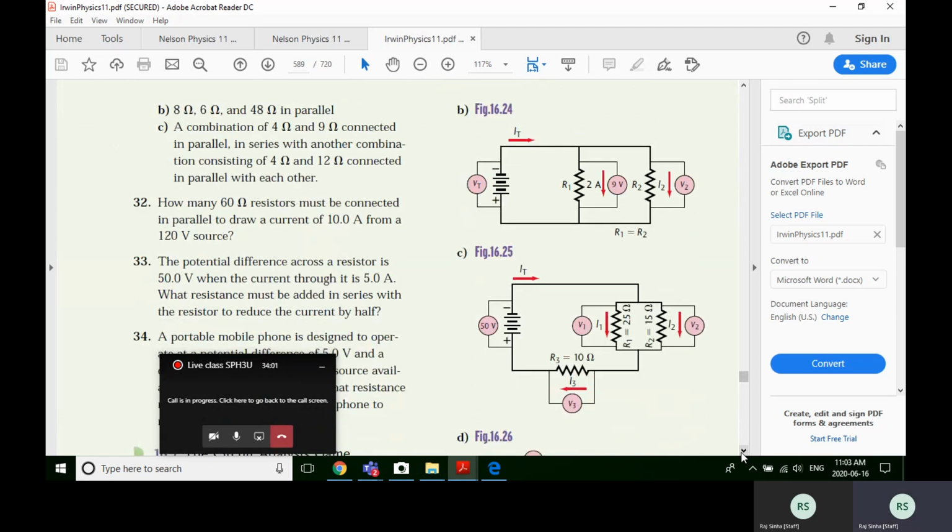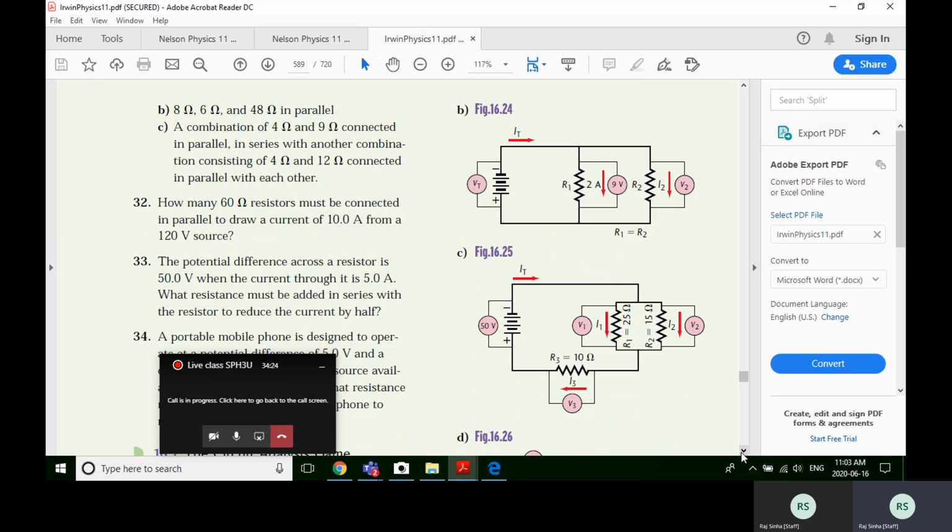Okay, so B says I've got a 4 and a 9 in parallel, in series with a combination of 4 and 12, which are connected in parallel with each other. Okay, so this question here is kind of a launch point for today's work.